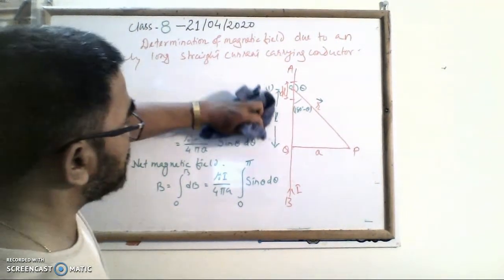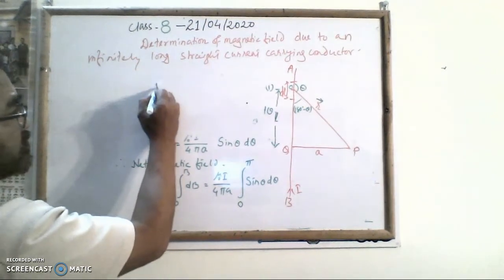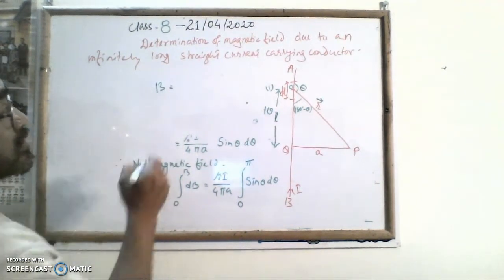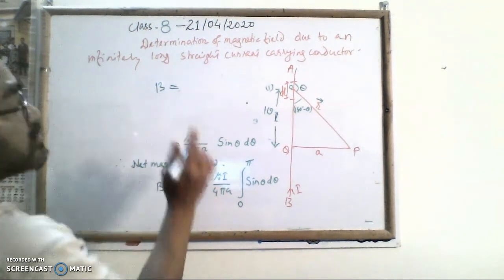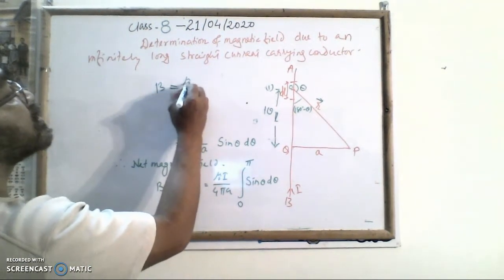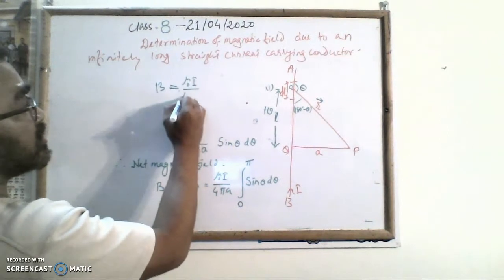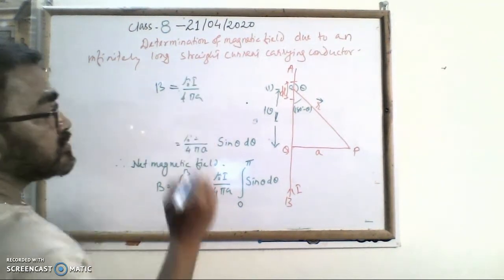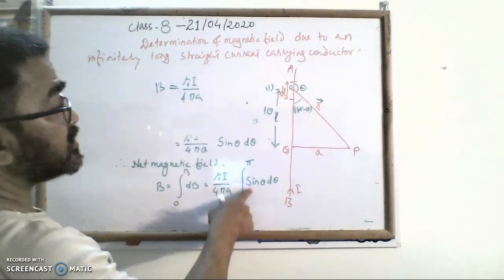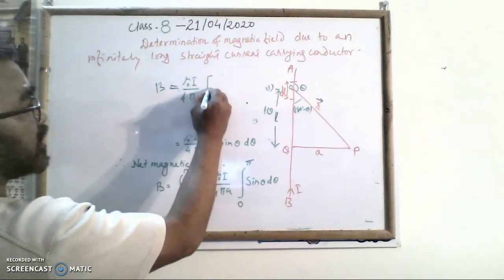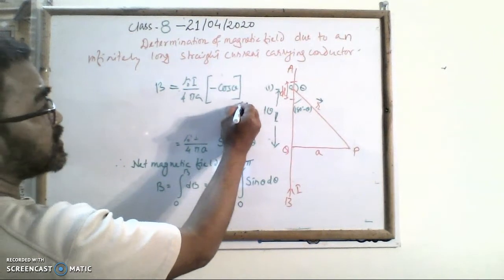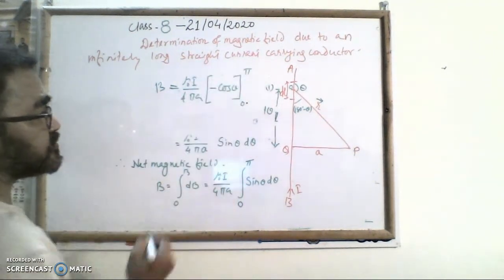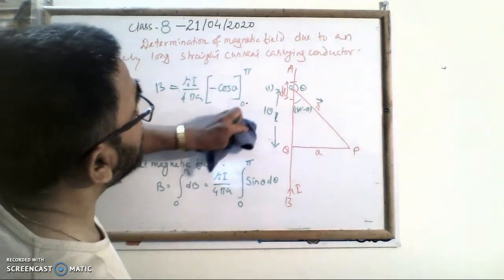Then the magnetic field B is equal to mu naught I by 4 pi A. If you integrate sin theta, you will get minus cos theta, right? Then lower limit is 0, upper limit is pi. Now put the value of the lower limit and upper limit.